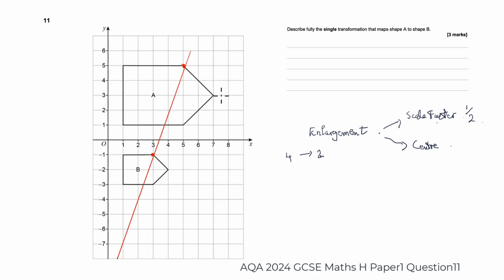Now we do the same again for another pair of points. So this corner of shape A corresponds to this corner of shape B. So again, we'll take the ruler and see if we can fit it exactly to these.